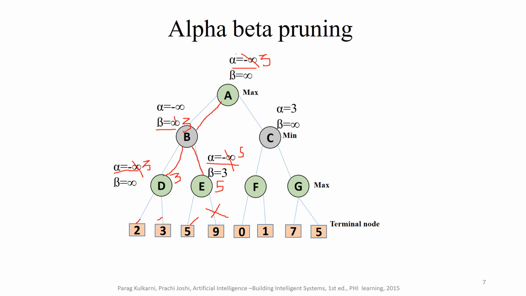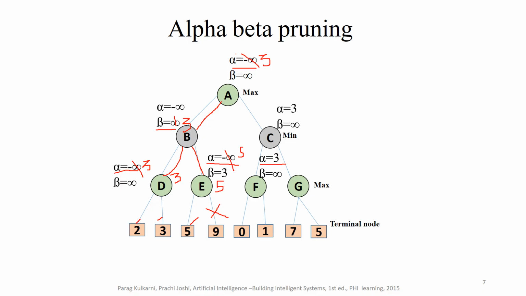Now at node C, alpha is 3 and beta is infinity. The same values will be passed on to node F also. Here in node F, again it's a max player, so it has to update the alpha value. This alpha will be compared with the left child of node F, that is 0. So max of 3 and 0 is going to be 3.